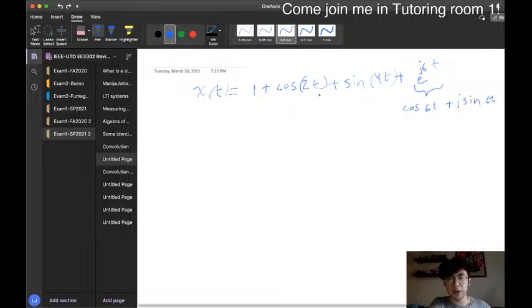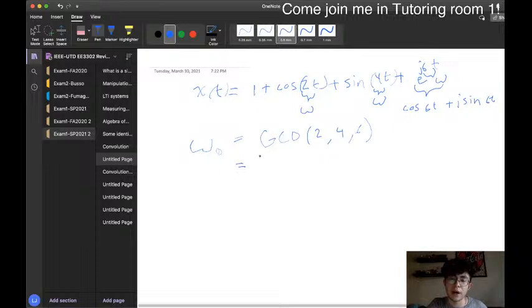So the way that you do this problem is you take the omega from each of these, and then you take the least common multiple of all of these. So 2, 4, wait, no, it's the GCD, greatest common divisor of 2, 4, and 6. And then this is going to be your fundamental frequency.